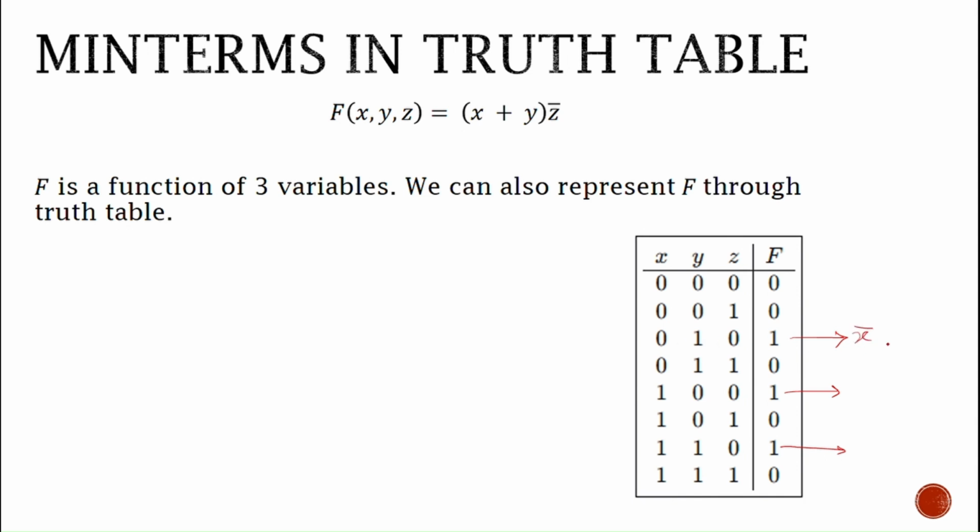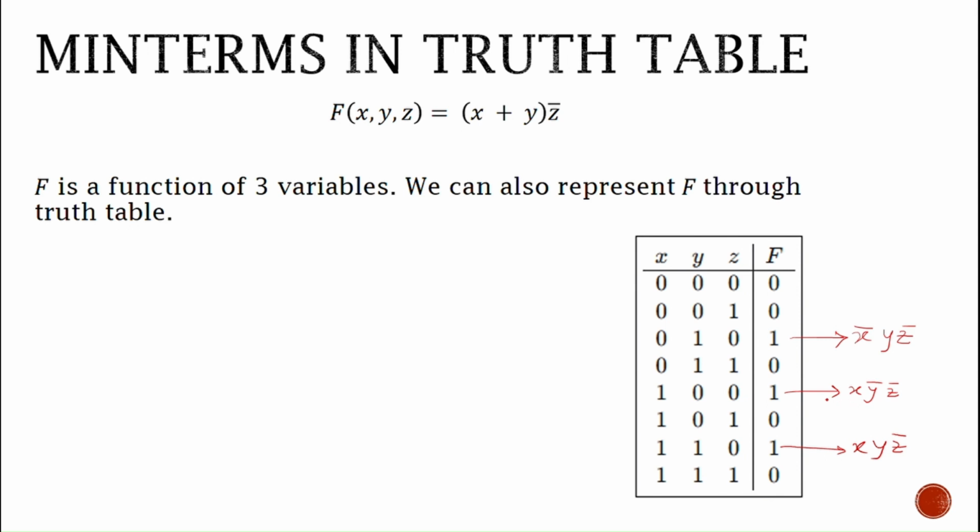So this 0 value of x is represented by x bar, the 1 value of y is represented by y, and the 0 value of z is represented by z bar. Similarly, against this one, we have x and the complement of y and the complement of z. Similarly, for this one, we have x, y, and z bar.